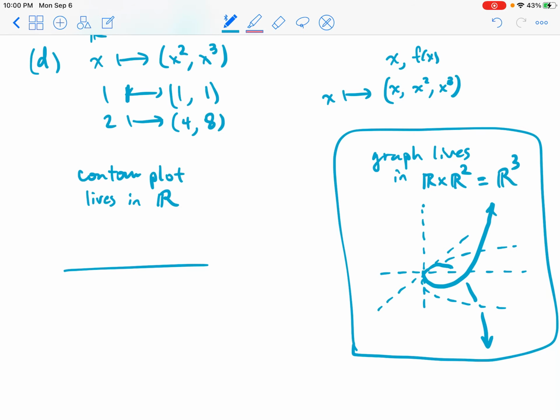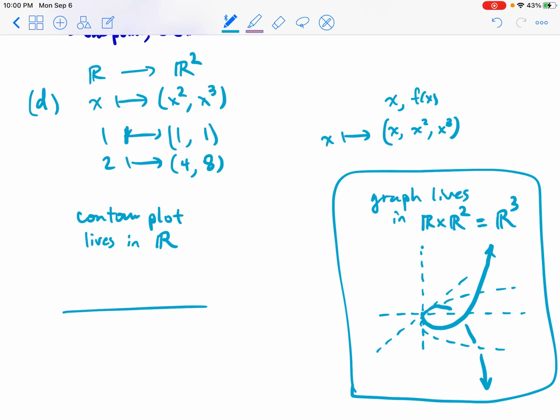So the contour plot here is a little weird because usually contour plots are for maps that have the output just the real numbers, but here we have R2. So contour plot is the preimages, and so the preimage of, well, I have to pick an output. So let's pick the output 1, 1.